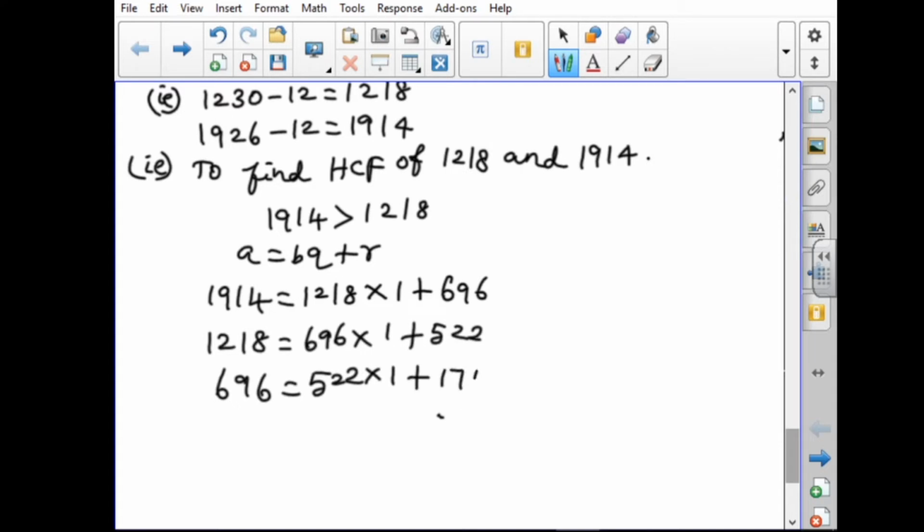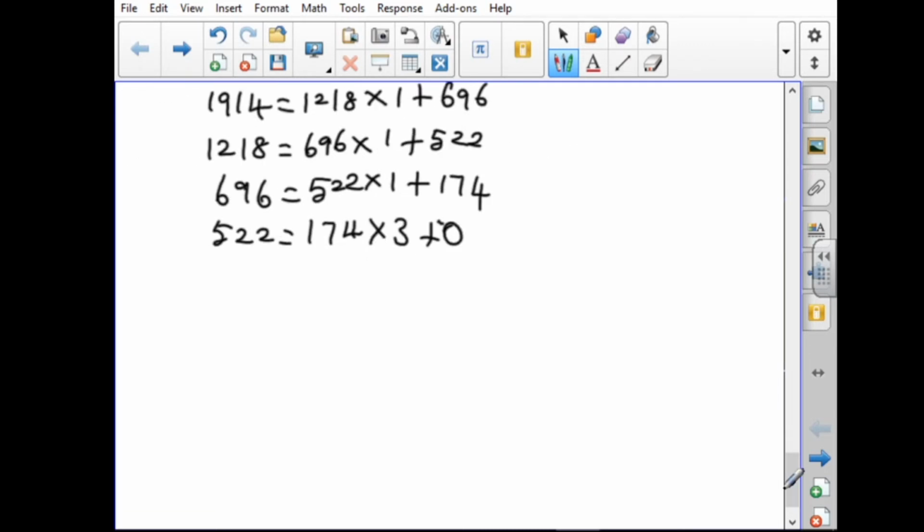The balance will be 174. Again 522 equal to 174 into 3 times plus 0. Here we have got 0. Here the remainder is 0, which means 174 is the HCF.